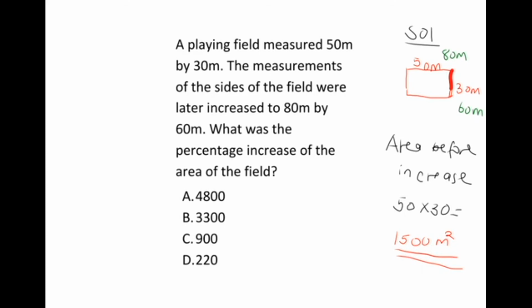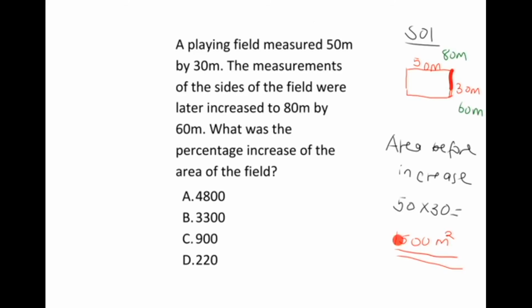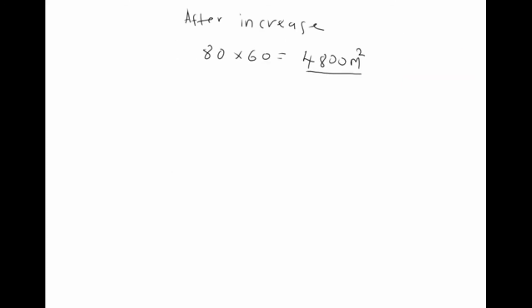Then we are asked to give the percentage increase of the area of the field. Therefore, we are going to subtract 4,800 minus 1,500. It will give us 3,300.